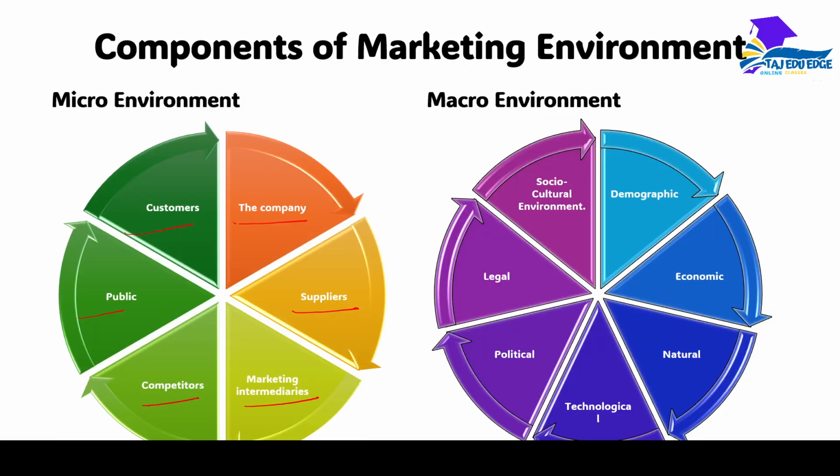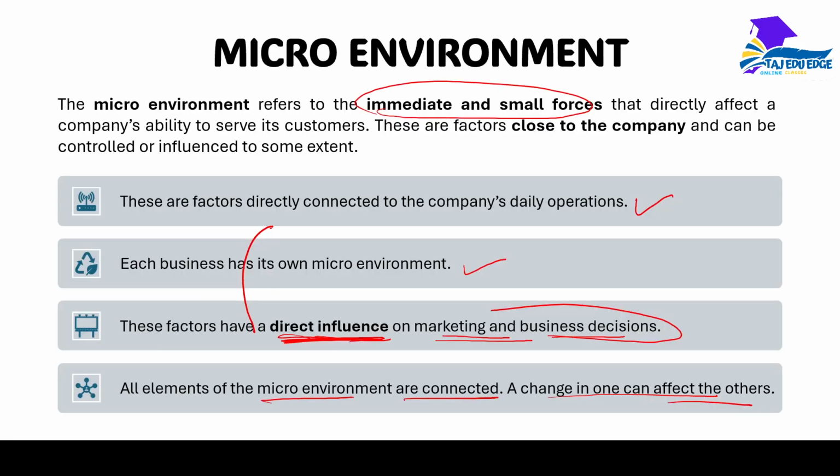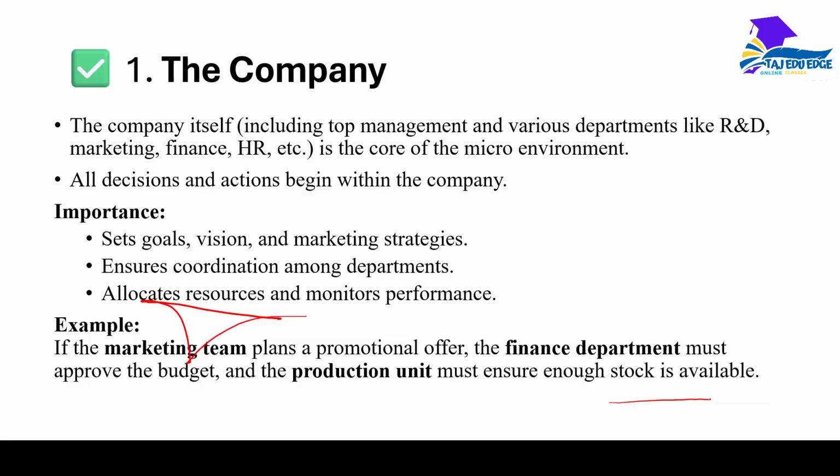If there is a change in suppliers, it can affect the intermediaries, the customers, the company, the competitors, and the public also. So a change in one can affect the others. That is what happens in a micro environment. Okay, so let's understand the micro environmental factors one by one.